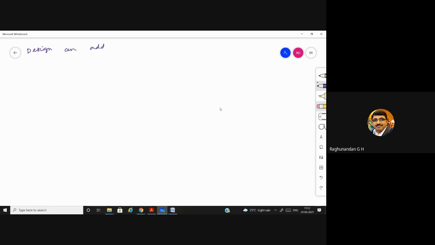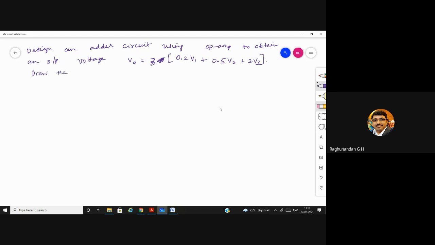Design an adder circuit using op amp to obtain an output voltage V naught is equal to minus 3 into 0.2 V1 plus 0.5 V2 plus 2 V3, where V1, V2, V3 are the inputs. Draw the circuit diagram.